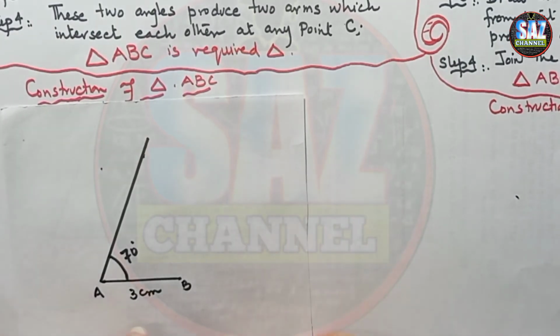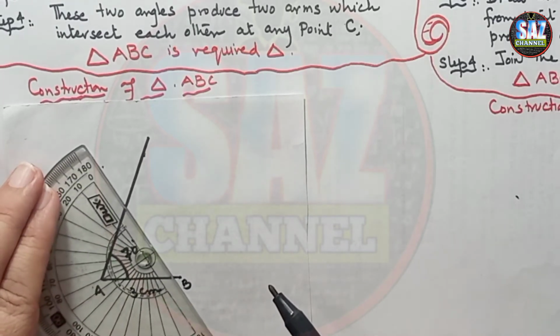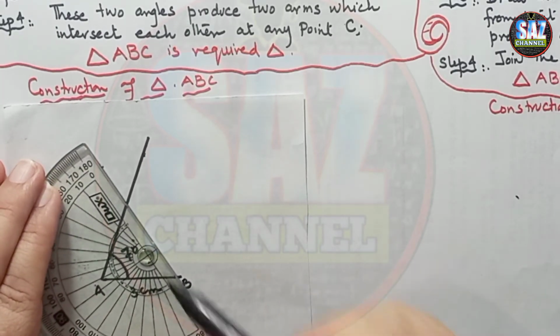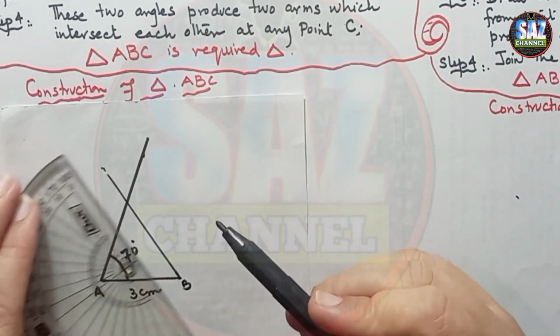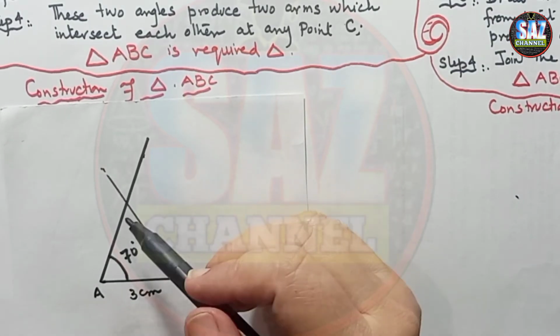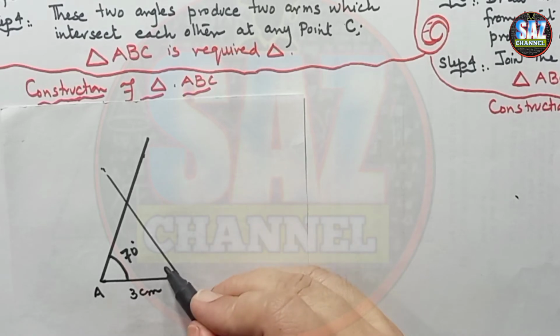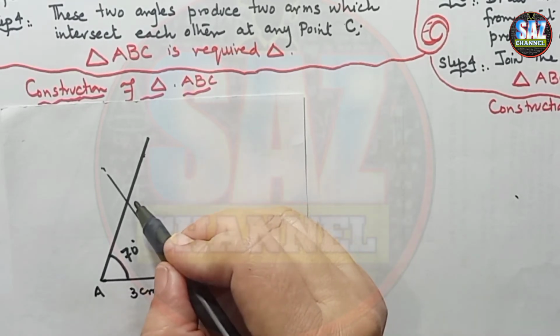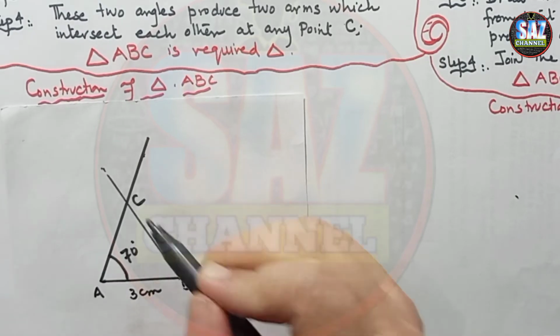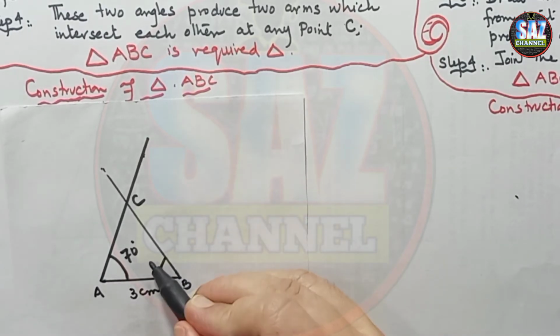Okay, and then I have to join this point with vertex B. When I extend these two arms of the angles, they cut each other at one point, and let's label it as point C, and this is 55 degrees.